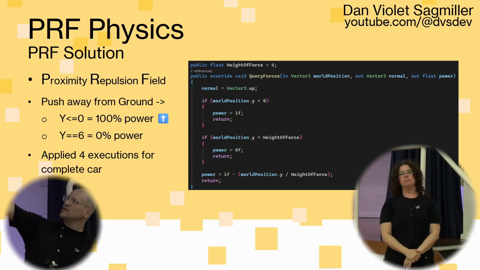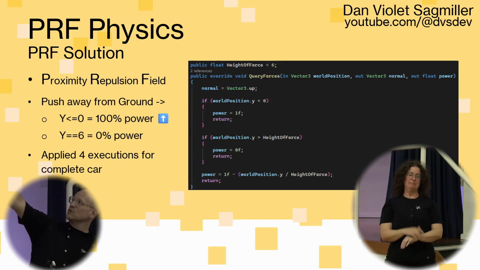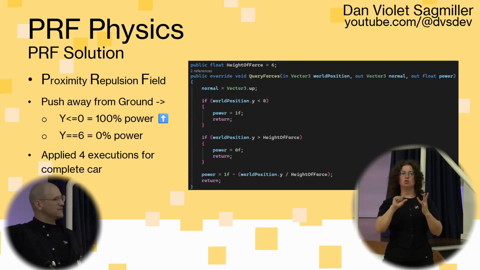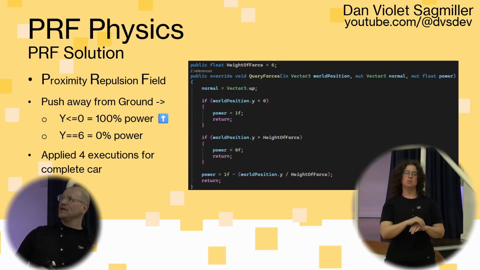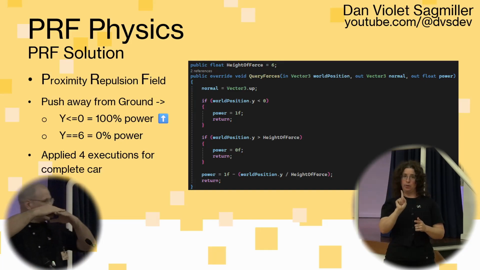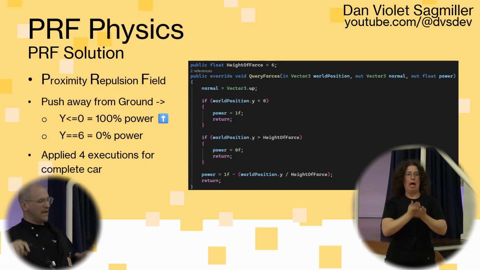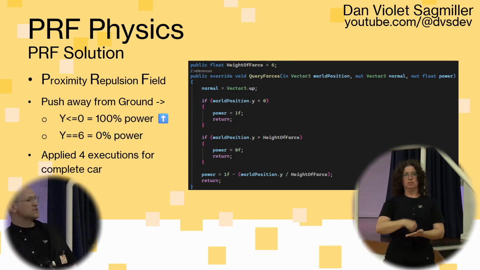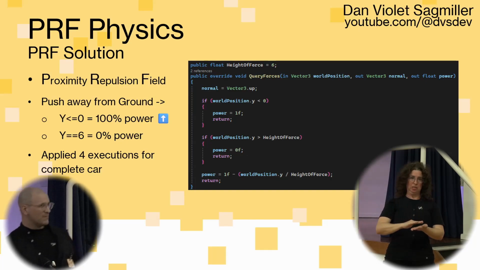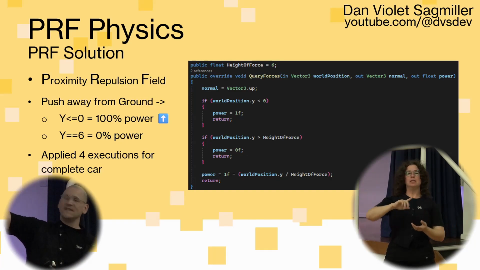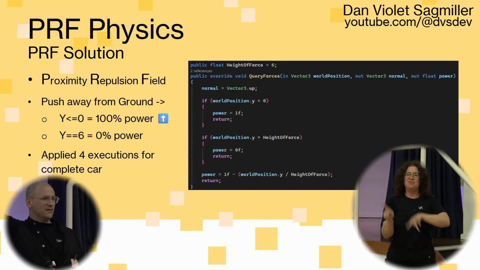So this is a very simple concept. It's just query forces. There's going to be multiples of these that run. But the basic idea is, if I'm really close to the ground, and let's say this is ground, absolute zero in the game, it looks and says, hey, if you're really close to the ground floor, then it's automatically going to put some counterforce up. And this is literally the physics function right here.